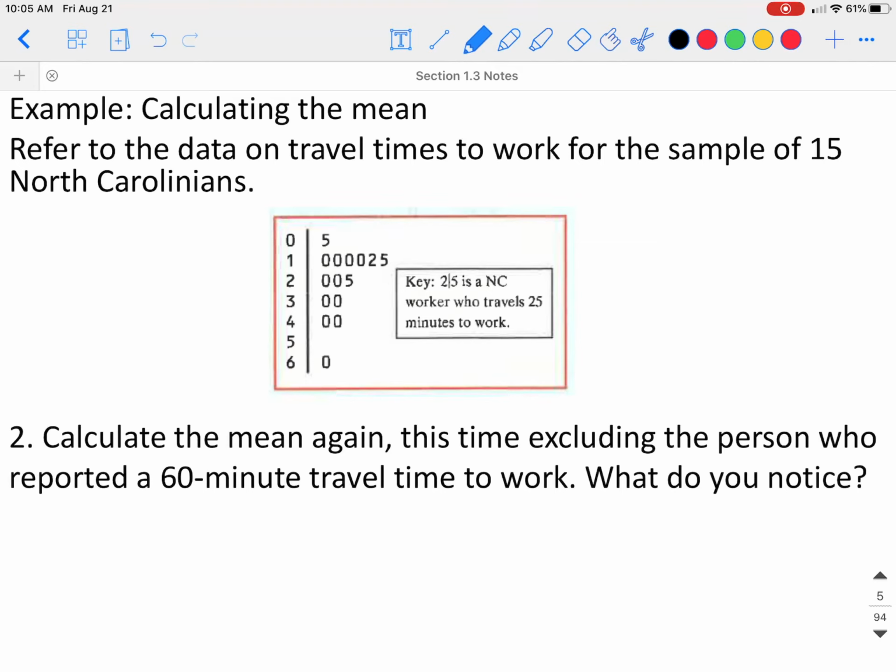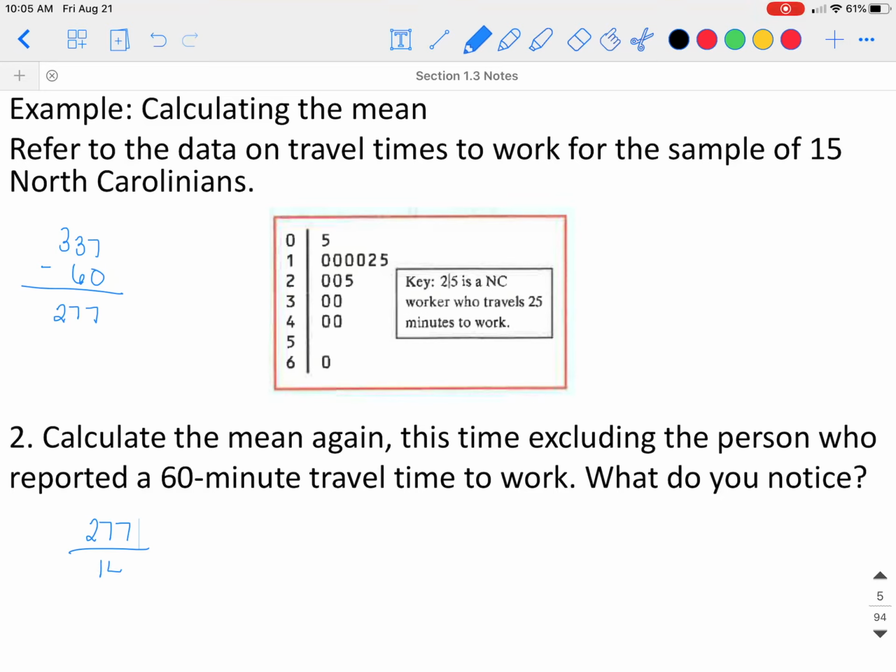Calculate the mean again, this time excluding the person who reported a 60-minute travel time. So we know that the original total was 337. We are taking away the person who traveled for 60 minutes, and that's going to give us a new total of 277 minutes.